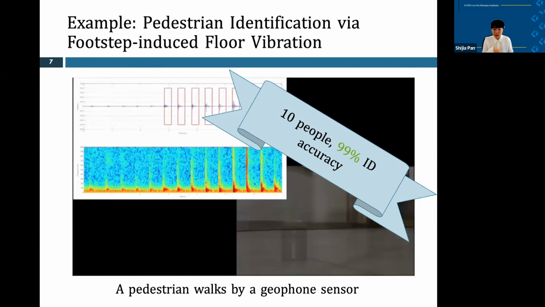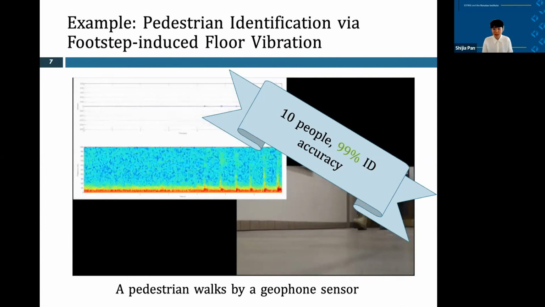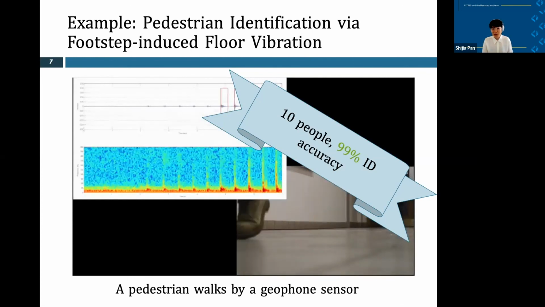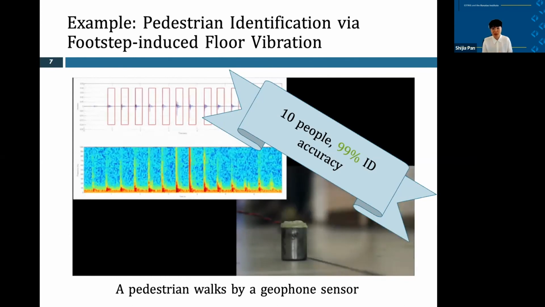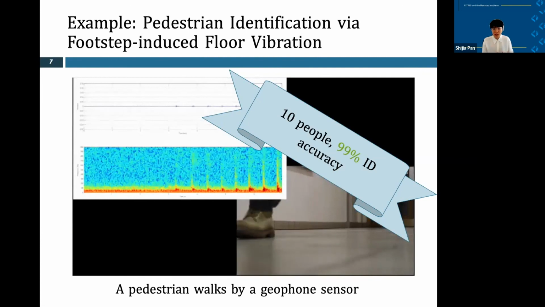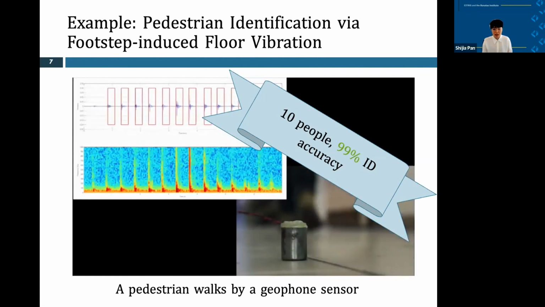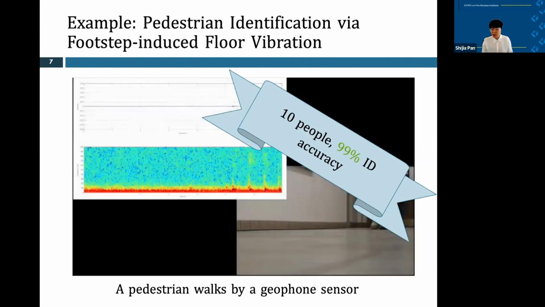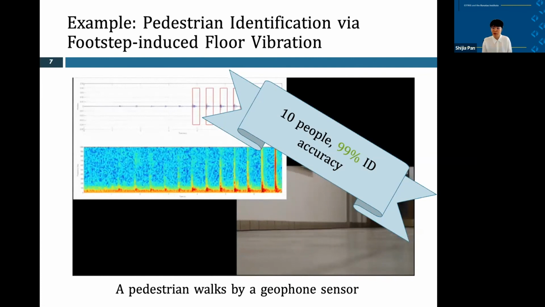We are using this geophone, which was used by our civil engineering friends to measure earthquakes. We repurpose that to measure human-induced vibration. For on-body monitoring and other applications, it depends on the application, but we do build our own sensors sometimes too.